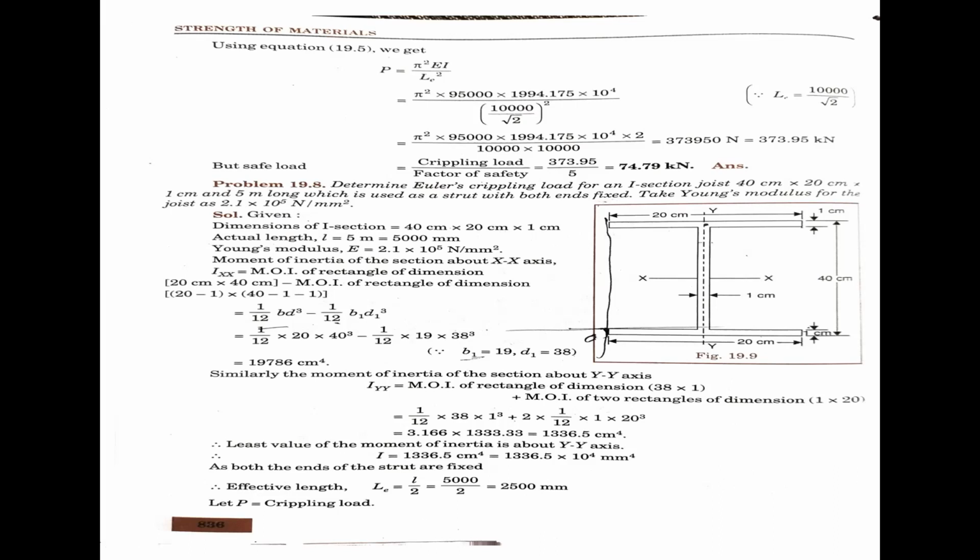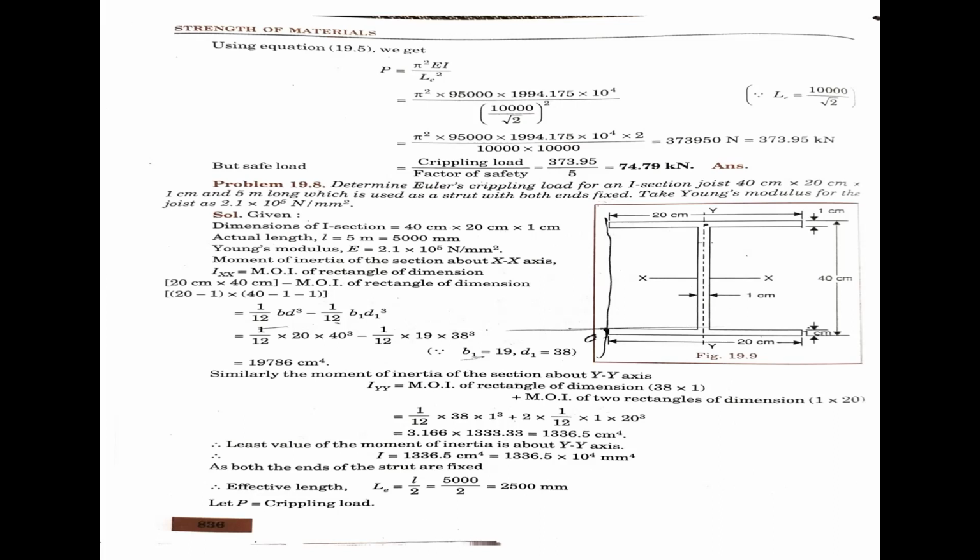Okay, now to the solution. I have to write the given data first. Dimensions of the I section are 40 centimeters by 20 centimeters by 1 centimeter. The flange width is 20 centimeters, the overall height is 40 centimeters, and the web of the I section has 1 centimeter thickness.